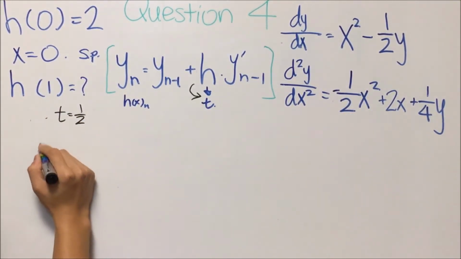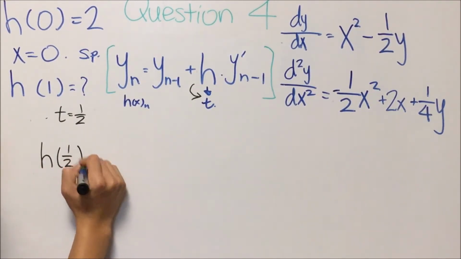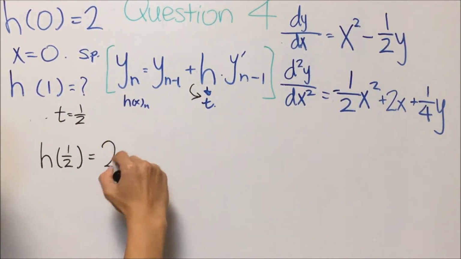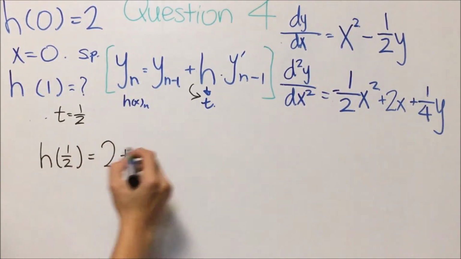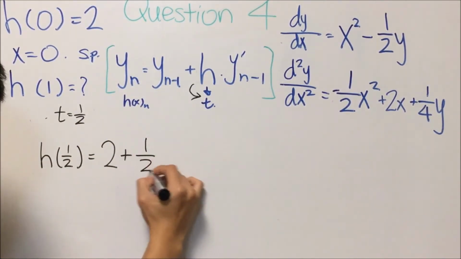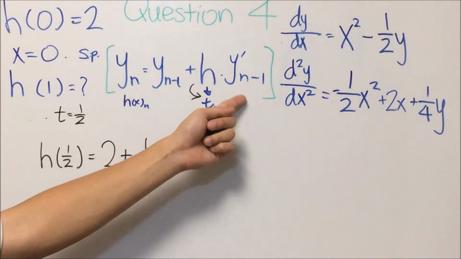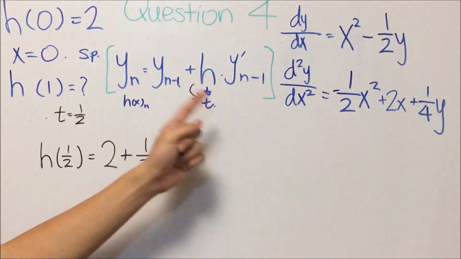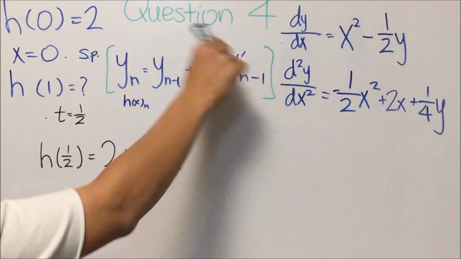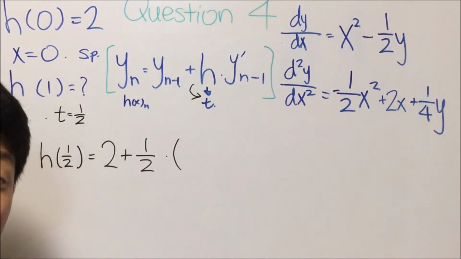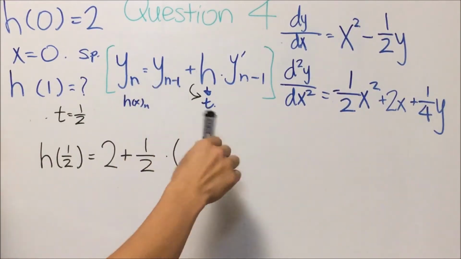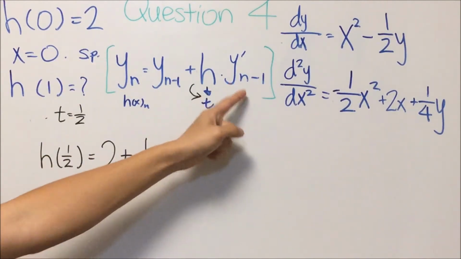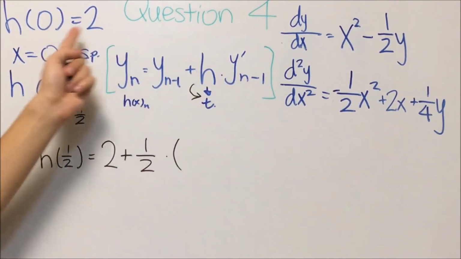So we want h of 1/2, which equals y at n minus 1, which is 2, plus the step size t, 1/2, times. So you're questioning, what is this? This is y prime, which is dy/dx. This is the same thing as h prime of x at n minus 1. However, because in the problem it is given that y is equal to h of x, we plug in 0, because right now we want 1/2, but it's n minus 1, so 0.